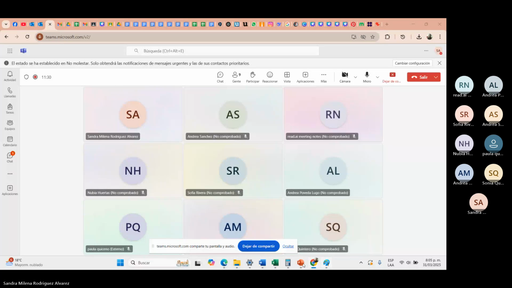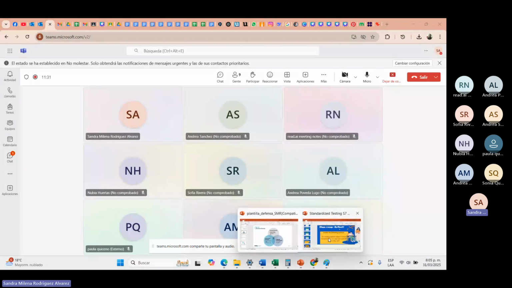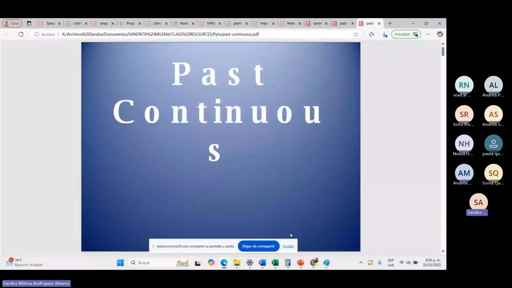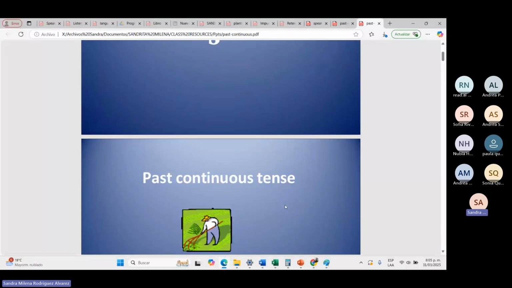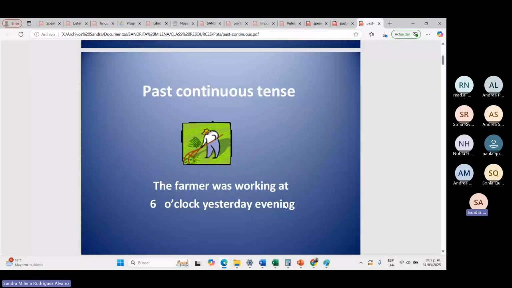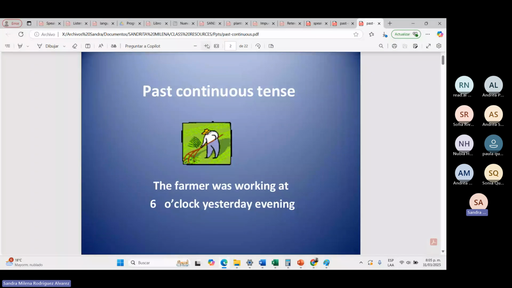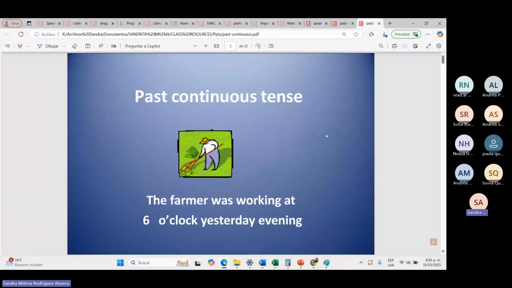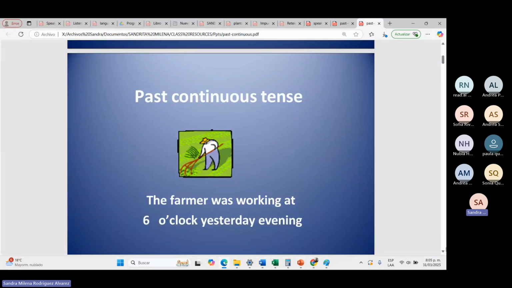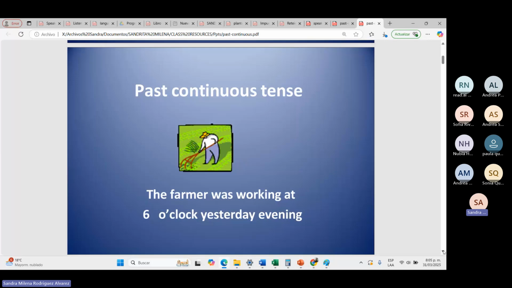Okay, our topic for tonight is past continuous. Let's see an example and let's start guessing what this tense is about. It says, the farmer was working at 6 o'clock yesterday evening.